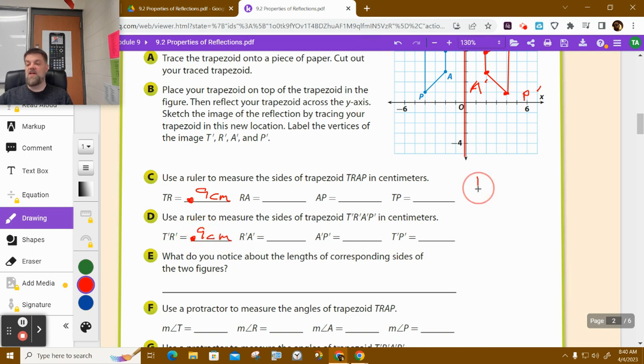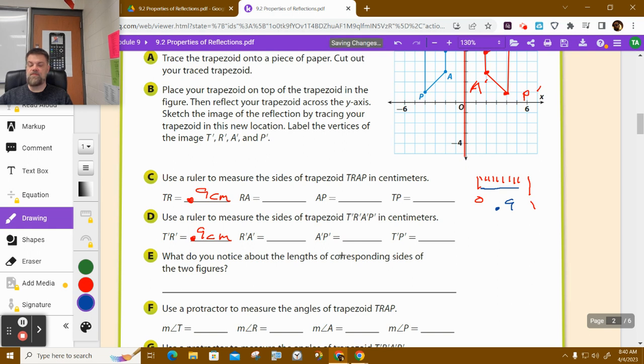Now, what that looks like is you have 0 here, and then you have 1, 2, 3, 4, 5, 6, 7, 8, 9, and then you have 1. And so the length of that line segment is going to go from here to here. That's 0.9.